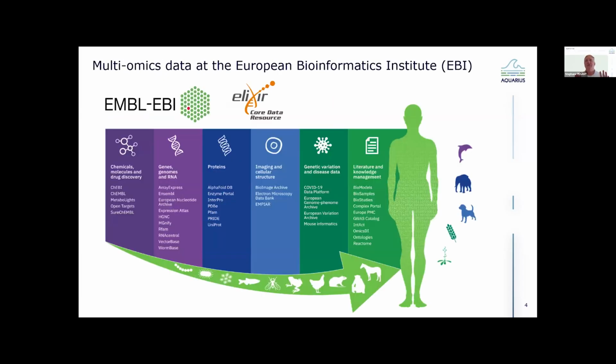But first, just as a quick background, the European Bioinformatics Institute is based in Cambridge, as I said. It's one of the core facilities of Elixir, the life science research infrastructure for Europe. And it covers a broad scope of data. We have archives and services, for example, for chemicals that are relevant to biology, such as metabolites. We deal with genomics data, with proteins, with proteomics studies.